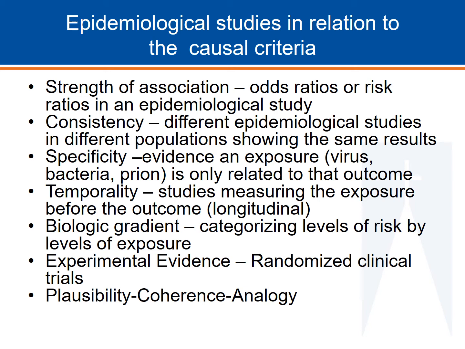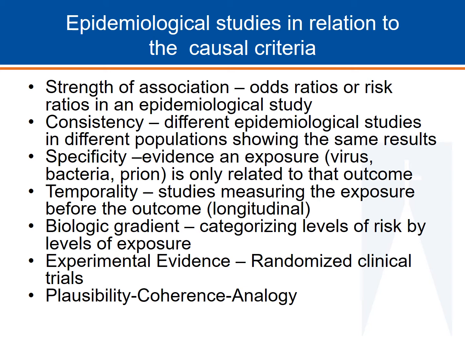So this really only makes sense for a virus, bacteria, or prion. And it becomes important to be aware of it because so many epidemiological results are not specific. So for example, socioeconomic status leads to a number of different outcomes, and a number of different disease outcomes are caused by or contributed to by socioeconomic status.